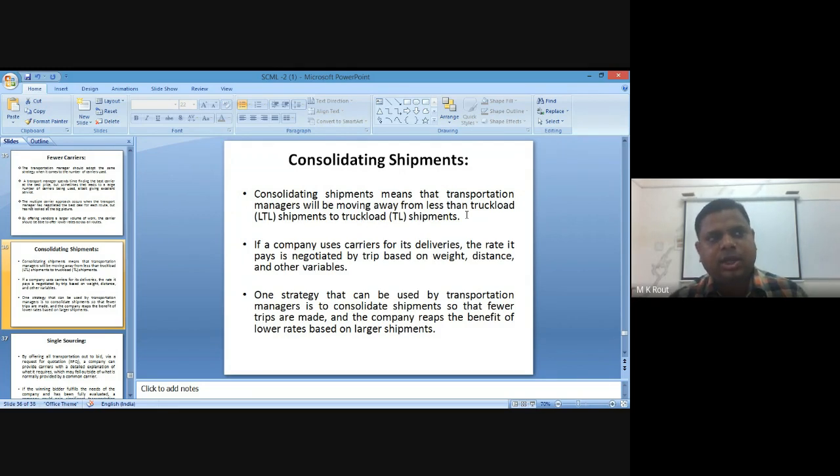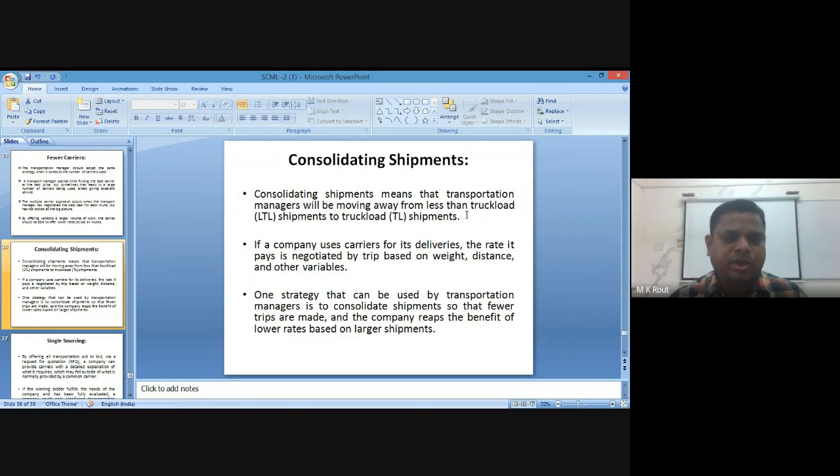In consolidated shipment, basically what happens? The trucks basically use containers, and in that container they are directly in contact with various types of suppliers, and these suppliers provide their goods for transportation. The goods are arranged in such a way inside the container that the container's weight, load and volume are considered. This is the concept behind consolidated shipping.